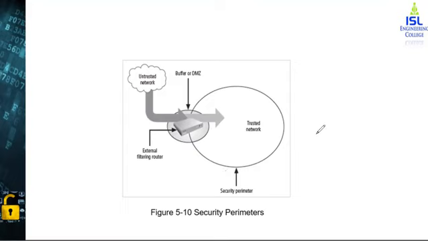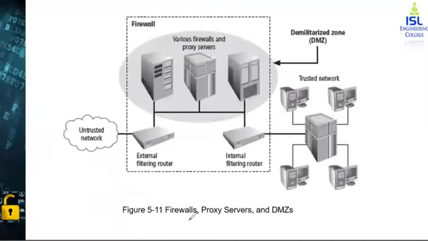So these security perimeters are not going to protect you against any attack that is launched from within the organization. Then this last diagram represents your firewalls, proxy servers, and DMZs, and how they are placed. That's the end of today's class.